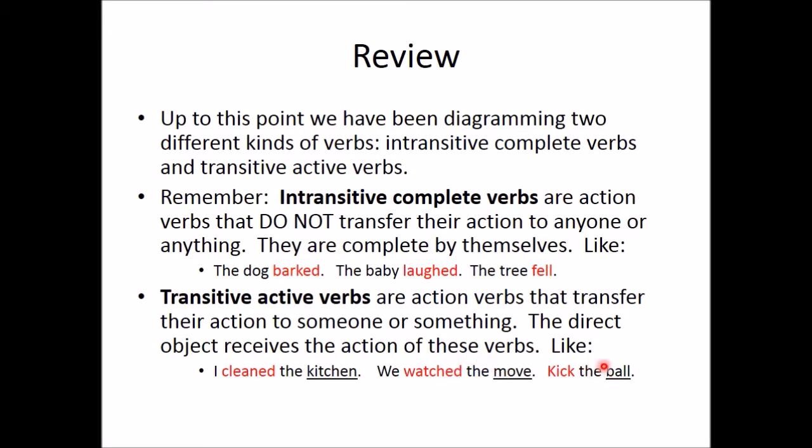And in the third example, kick is the verb, ball is the noun doing the job of direct object, and the ball is receiving the kick. Okay, so in these types of verbs, transitive active verbs, you have a direct object that receives the action. In the first type of verb, intransitive complete, no one and nothing is receiving the action.